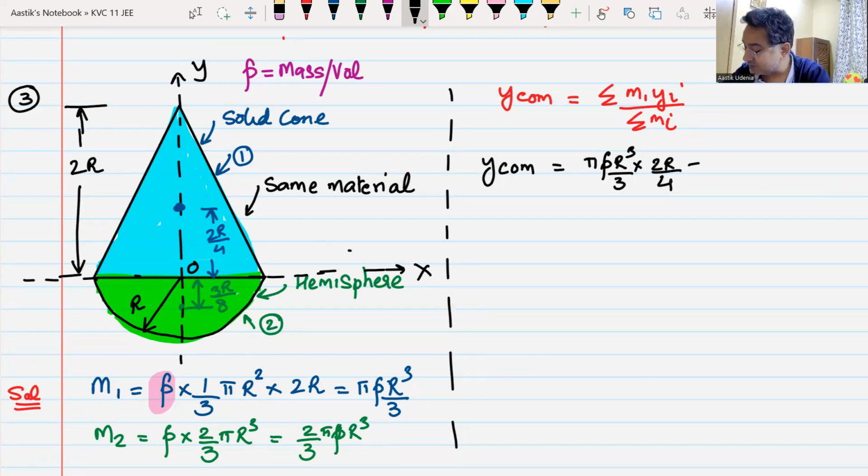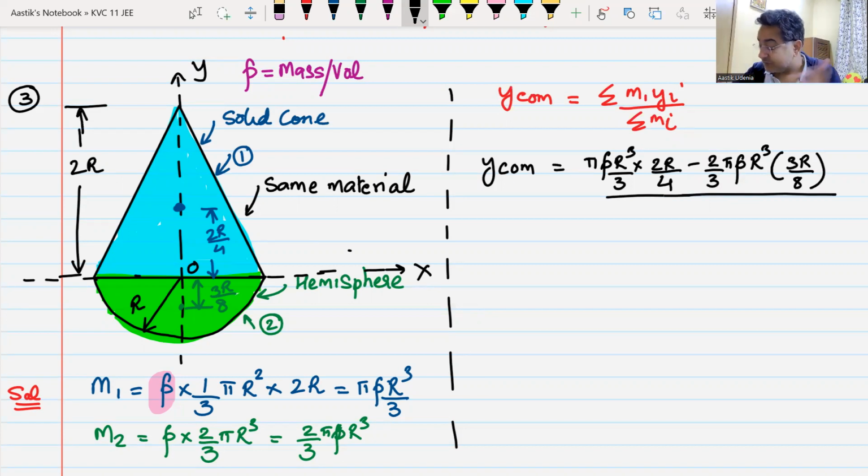So I write minus 2 by 3 pi rho r cube multiplied by 3r by 8. The problem will look a bit complicated because of numbers. Then the total mass is pi rho r cube by 3 plus 2 by 3 pi rho r cube.